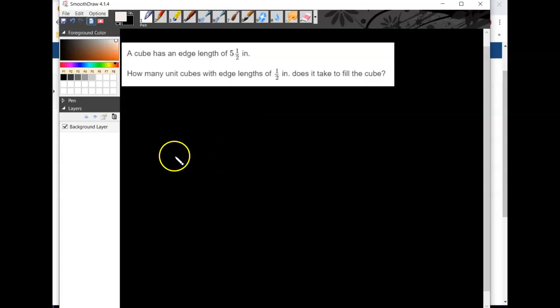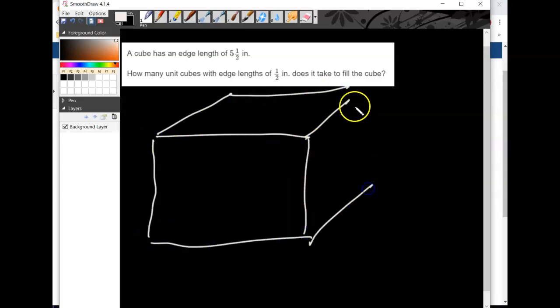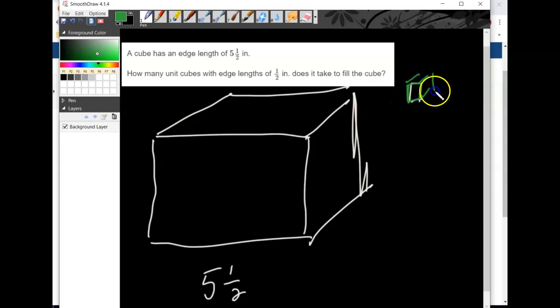A cube has an edge length, so we're fitting little cubes into a bigger cube. Our cube has an edge length of 5.5 inches. We're trying to fit in smaller unit cubes that are just 1/2 inch. Every edge length is 1/2 inch: 1/2 by 1/2 by 1/2.